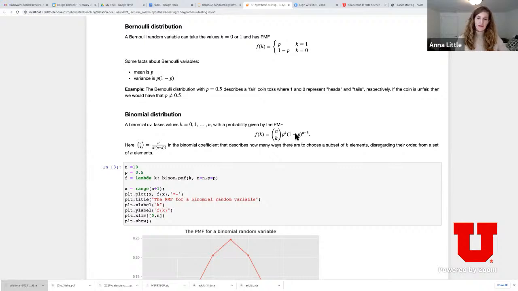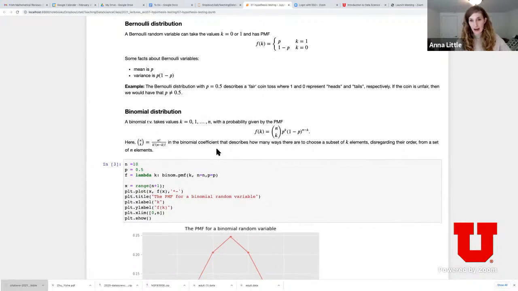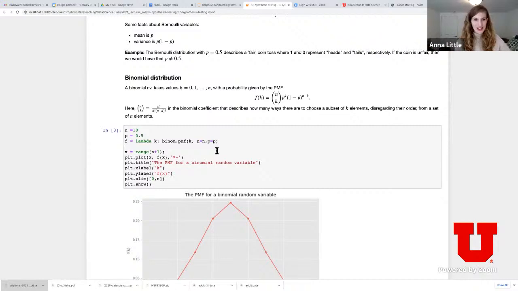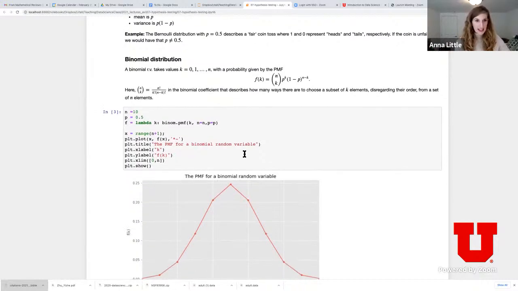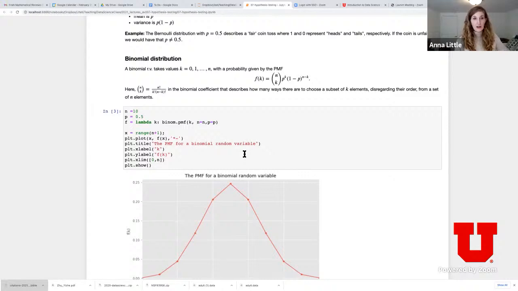However, we don't actually have to code this formula, although you can, but remember that Python has all of these functions built in for the commonly used distributions. So for example, if we wanted to get a plot, let's say we're looking at a binomial random variable with an n of 10 and a p of 0.5, then we can define a function f, simply the binomial PMF.